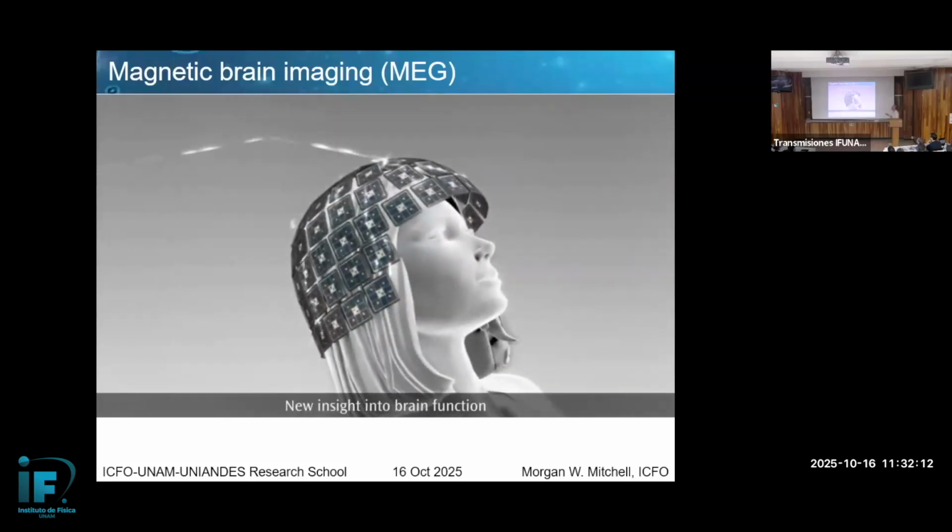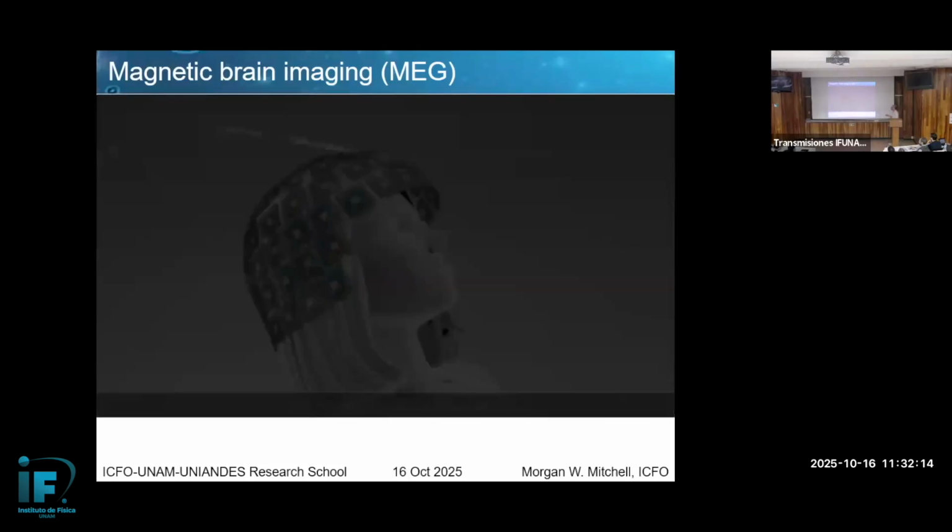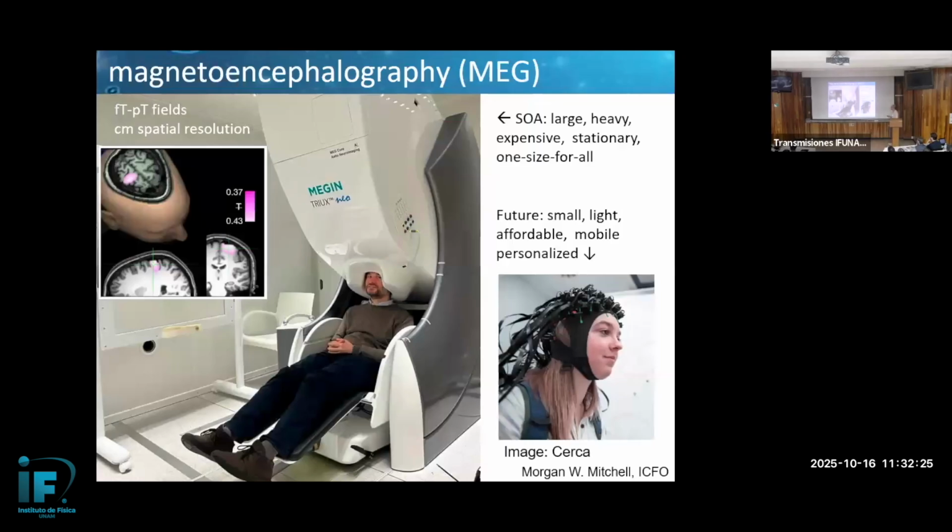And then from those signals, it's possible to see what the field produced by the head was and solve an inverse problem to get what the currents in the brain were that produced them.